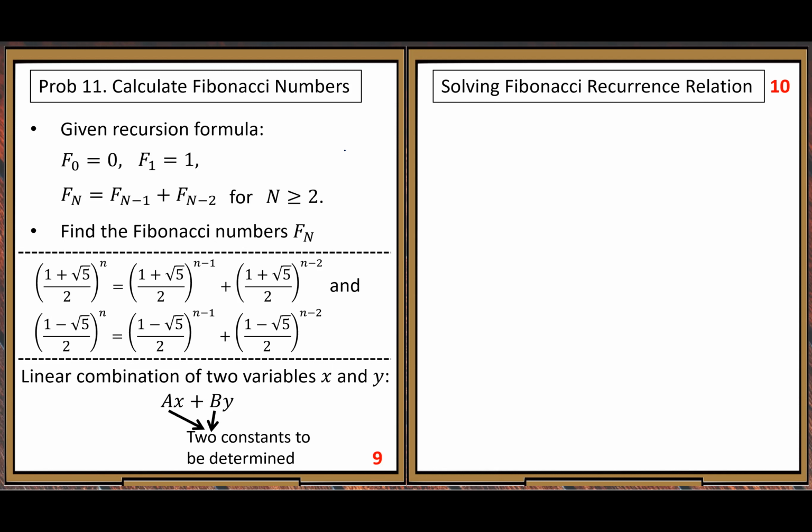Why? If you have freedom to choose capital A and capital B, you can choose appropriate A and B such that the initial condition is satisfied. That's the reason we need the freedom of capital A and capital B.